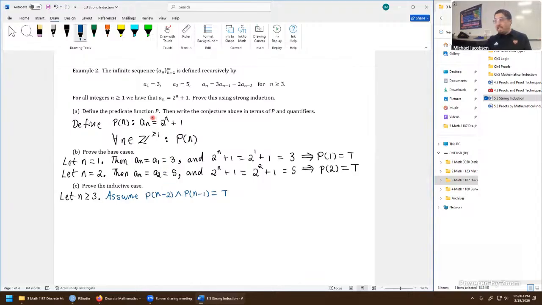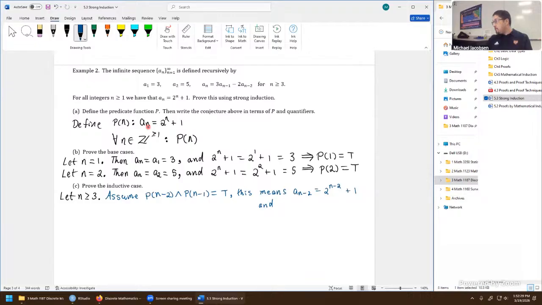We go here and we'll say this means if P of n minus 2 comes out as true, then that just means a_(n minus 2) is 2 to the power n minus 2, add 1, and a literal n coming from right here. New assumption, P of n minus 1 must also be true.